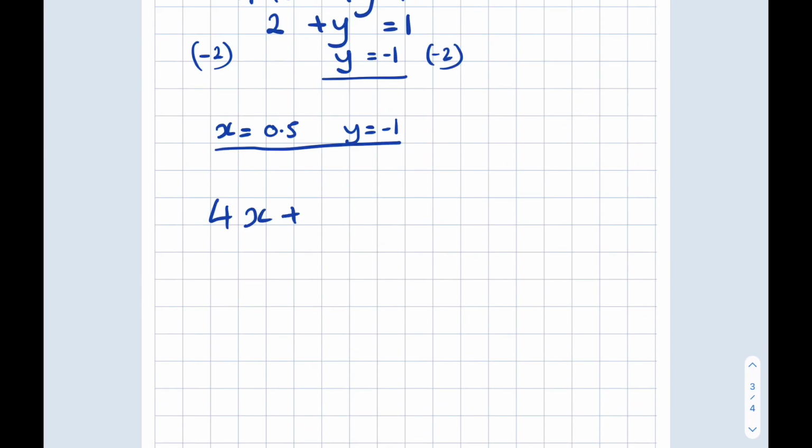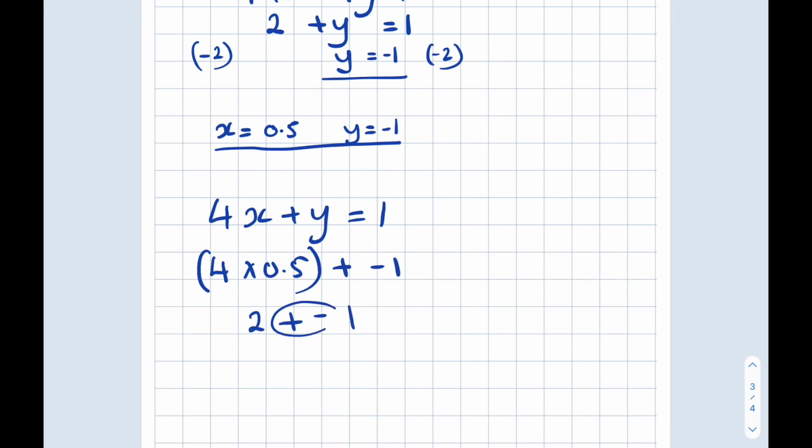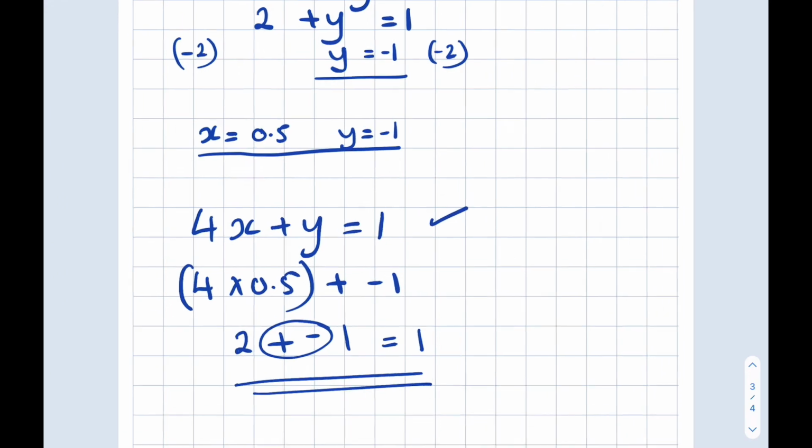So 4 times a half plus a negative 1. 4 times a half is 2. 2 add a negative 1, so don't forget plus and a minus makes a minus. 2 take away 1 gives 1, which is what we've got here. So it works nicely. Always check by substituting your values back in.